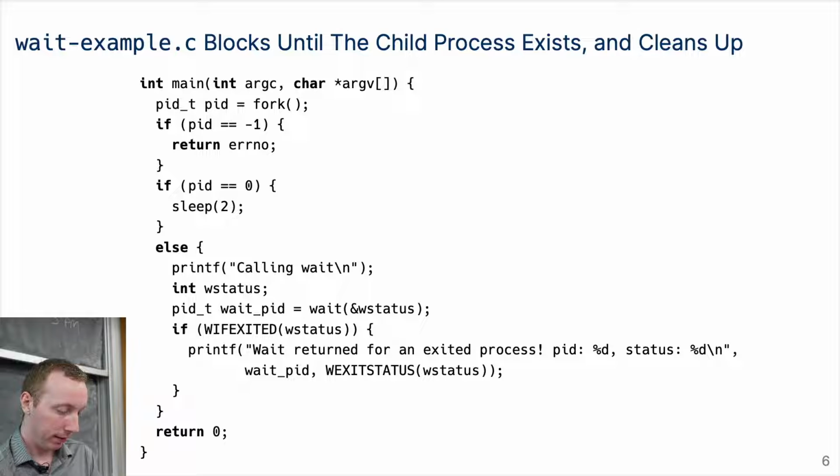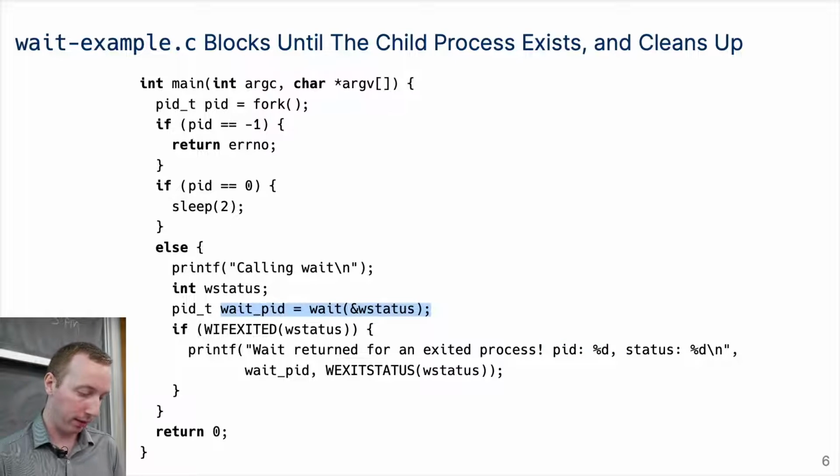Then we would check if the process has exited, so we would use this macro, WIFEXITED(wstatus), which will check whatever bit they set for that. If it exited, we'll say that wait actually returned for an exited process, and this was the process ID, which is the return value of wait.